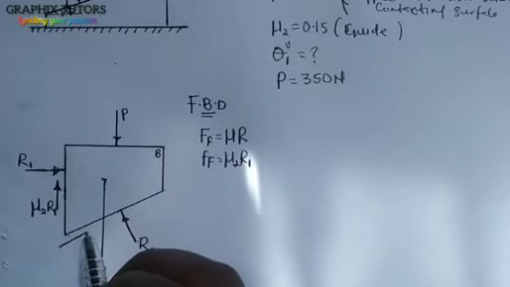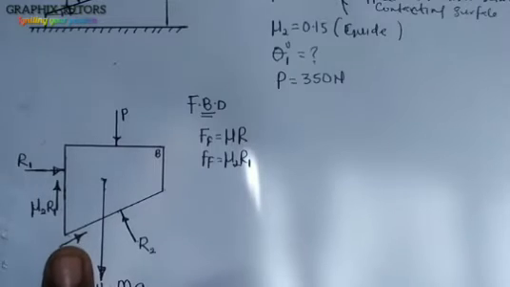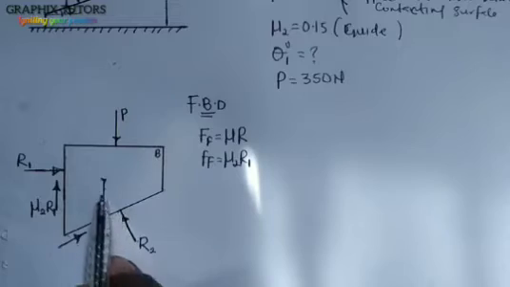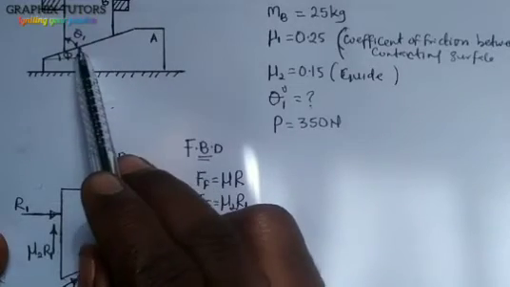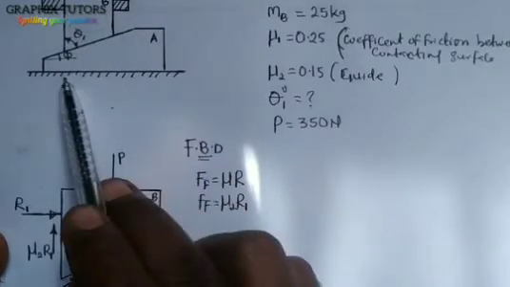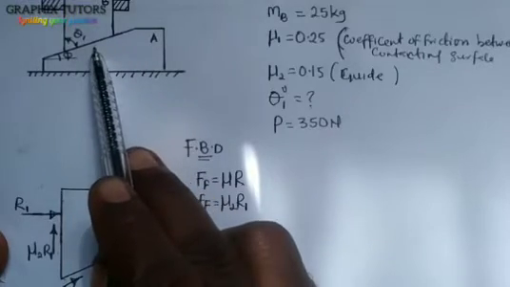This is wedge B, frictional force F2. We have two contacting surfaces. At this point is the contacting surface between wedge B and wedge A. At this point is another contact surface between A and the ground. So we're dealing with this now.